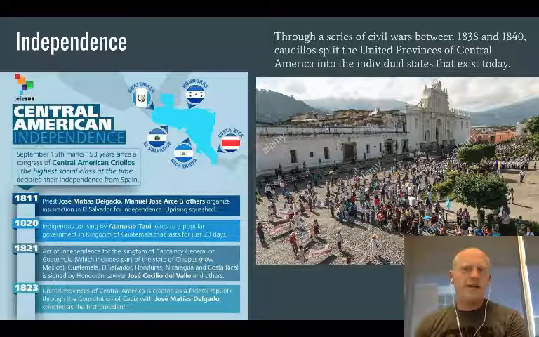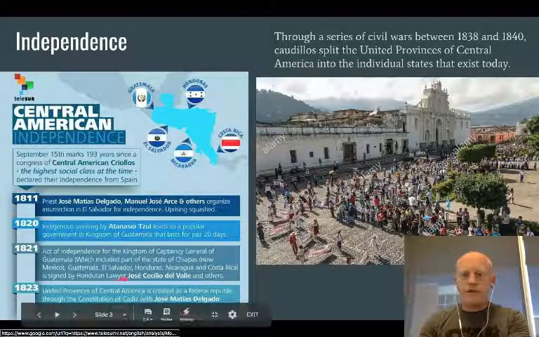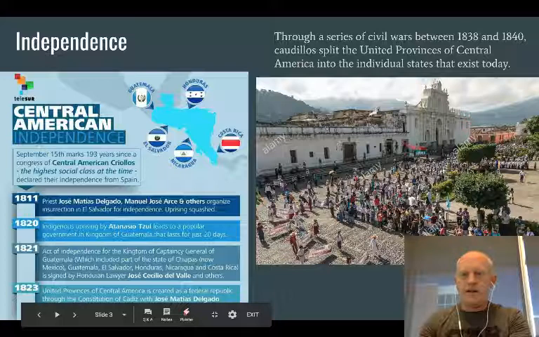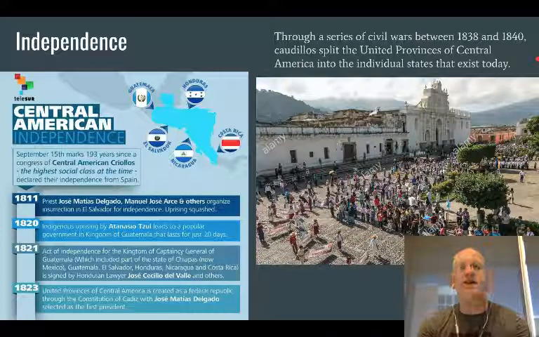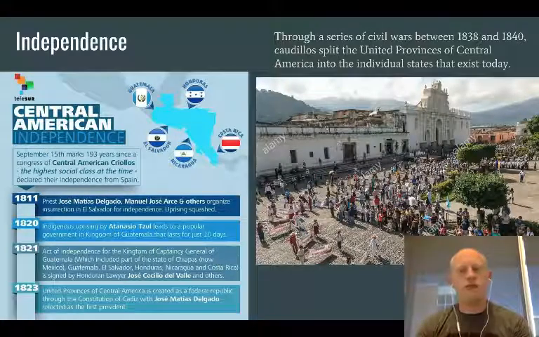Civil wars took place, especially strong between about 1838 and 1840, that broke apart the United Provinces of Central America into the various nations that you can see on that infographic map. This stock photograph is an illustration of an Independence Day celebration in Antigua that took place not too long ago.